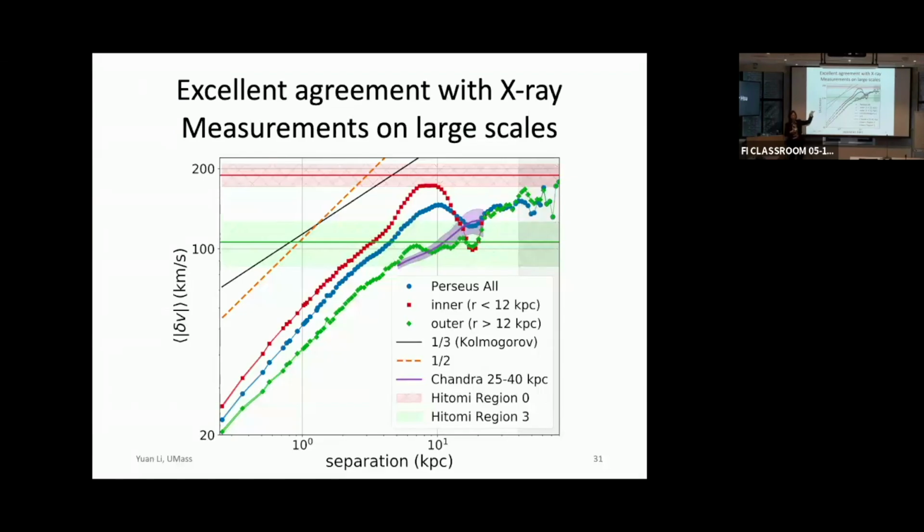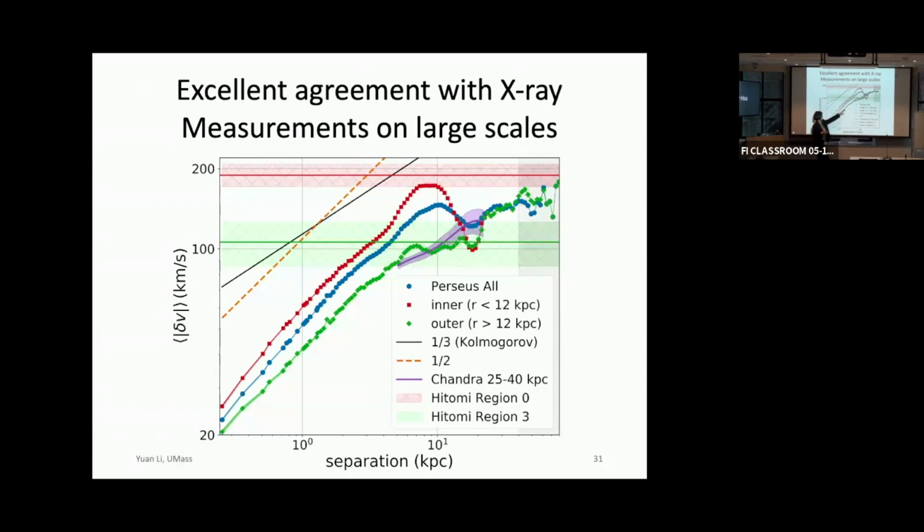There's no spatial information, but you can see there's good agreement in terms of the amplitude between the X-ray and the optical measurements. And that purple line is the surface brightness fluctuation analysis using the Chandra X-ray data, done for a region tailored to match where the outer filaments are.